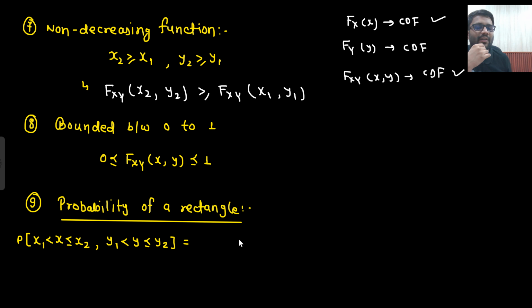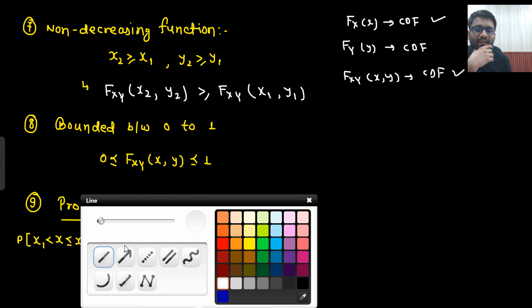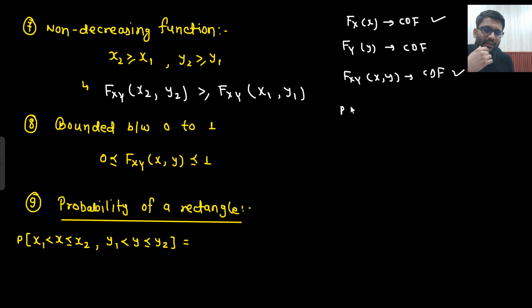Now here I will write down a formula. Probability of a rectangle. What do I mean by that? What you need to find? Look, previously what we used to find? We used to find probability such that your random variable x is taking value between x1 to x2. Let's write it as a, b, c, d. It will be easier for you.